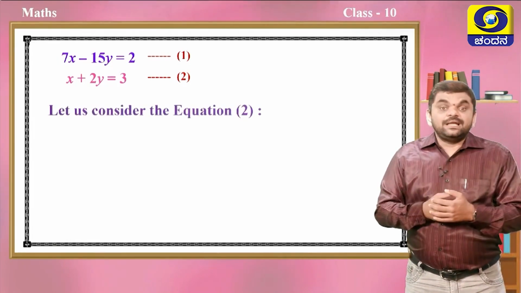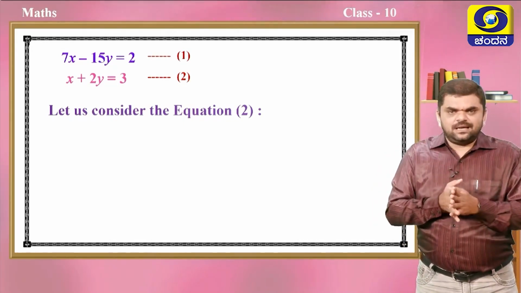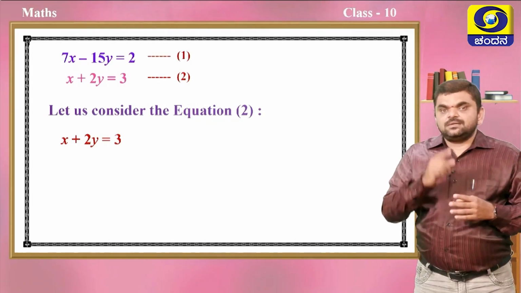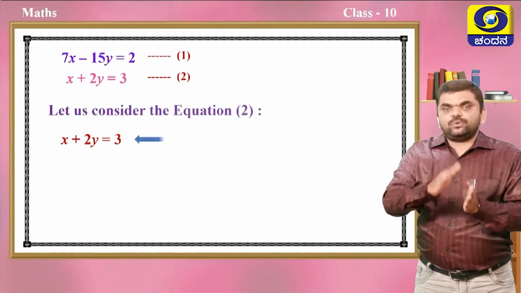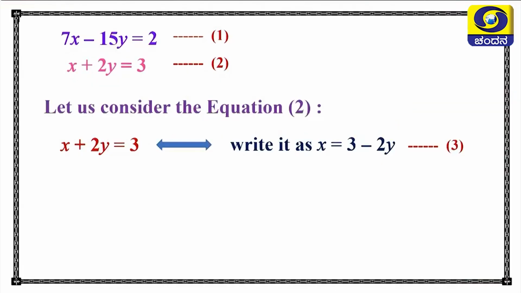Now let us consider equation 2 because it is looking so easy. So now what is the value of x here? Just transfer 2y to the right side, which means x is equal to 3 minus 2y. Let us consider this as equation number 3.